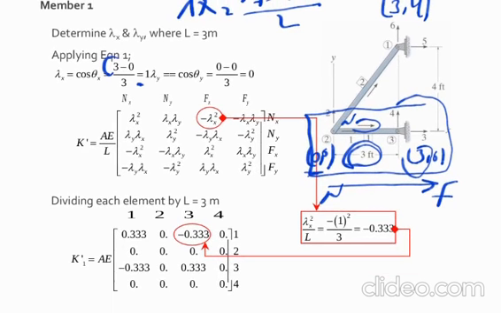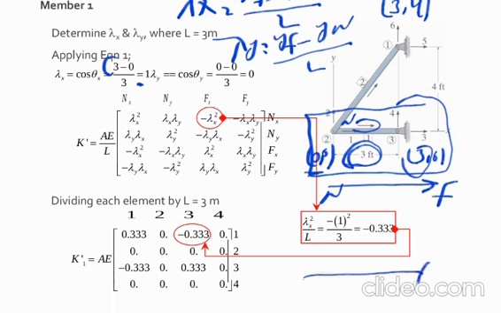This is lambda X. Lambda Y is equal to Y far minus Yn over L. Because our member is horizontal, L is 3, the length of the member, and YF is 0 because it's a horizontal member, and Yn is also 0, so it will be 0.